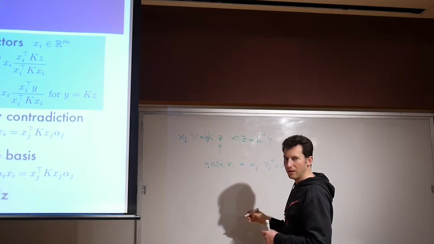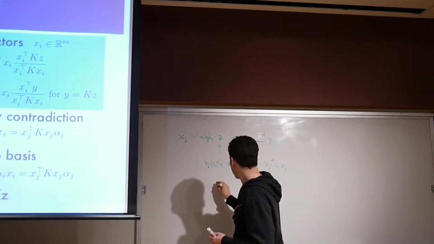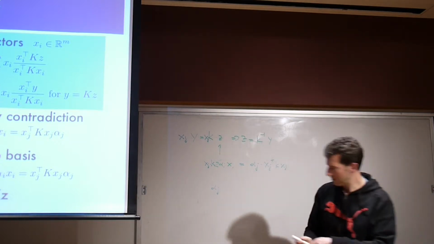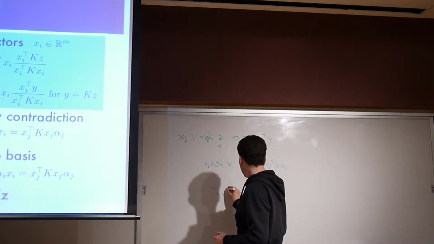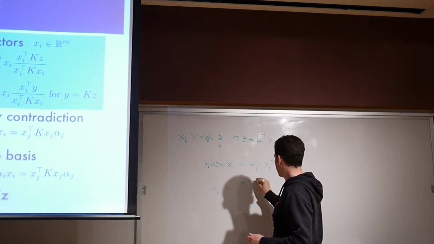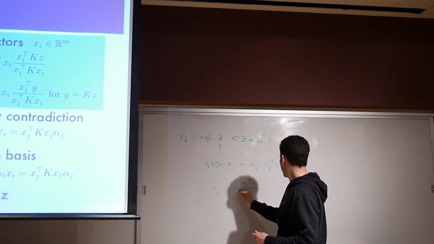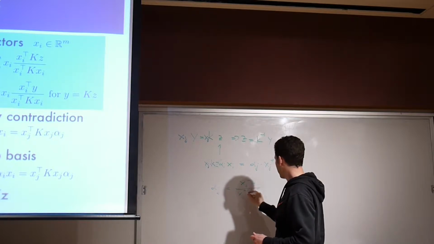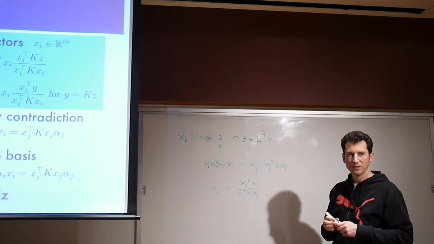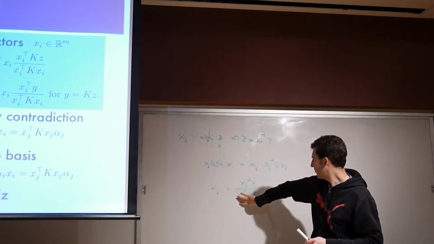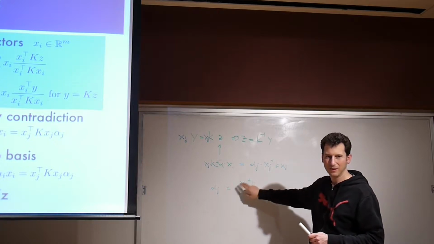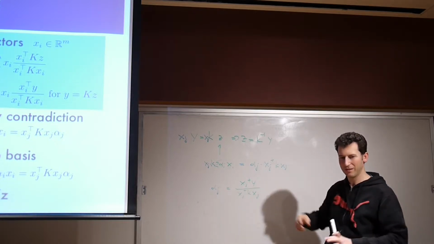Okay? And now I can just solve, because I get that alpha j equals xj transpose y divided by xj transpose K xj. So this basically makes all the x's unit length. That's effectively what's happening now in this space distorted by K.